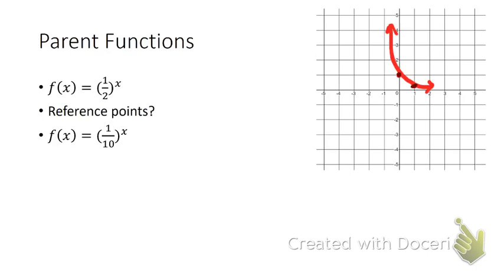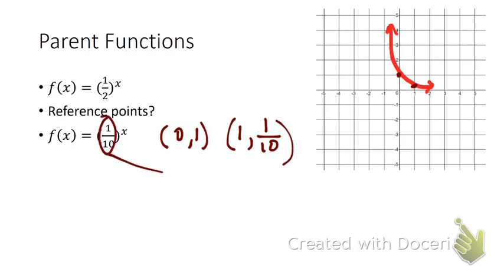So there I have it graphed, and the reference points, again, I have plotted in purple, and those reference points are going to be (0, 1), and the other one will be (1, 1/10). So whatever this number is right there will be the y coordinate of the reference point when x is equal to 1.